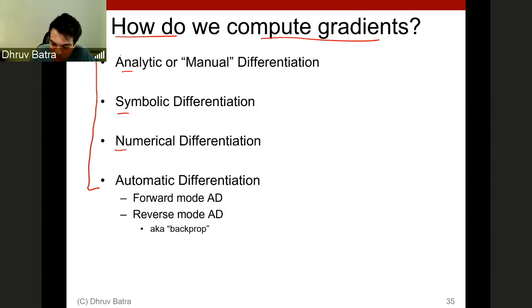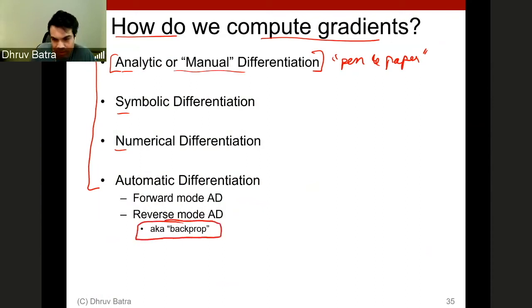There is, of course, the old school pen and paper method of computing gradients, which is by hand. You write down a function as an expression with some variables, and you derive analytic gradients by hand, or manual differentiation. You have probably heard of backpropagation in neural networks. That is why you're here. You want to learn about it.